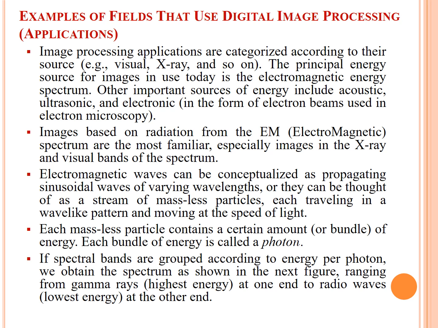Each bundle of energy is called a photon. If spectral bands are grouped according to the energy per photon, we obtain the spectrum as shown in the next figure, ranging from gamma rays, that is highest energy, at one end, to radio waves, that is lowest energy, at the other end.